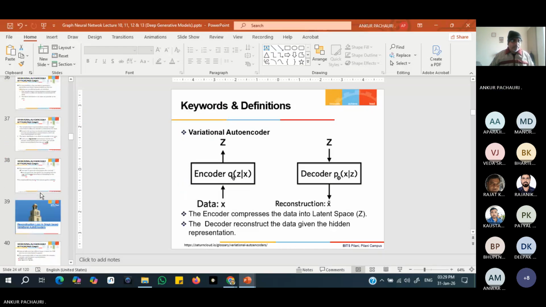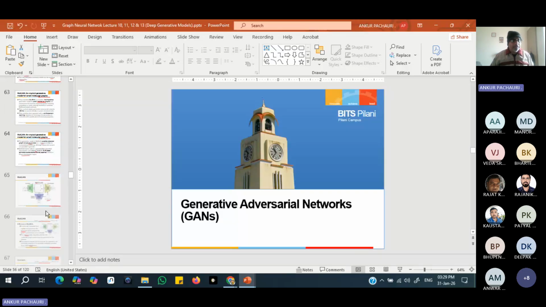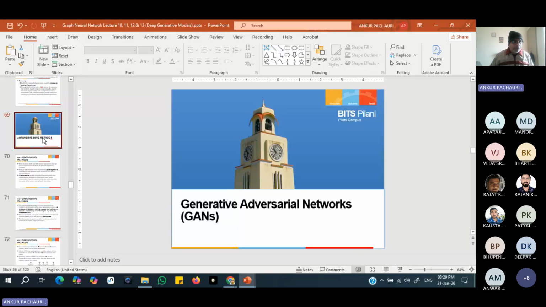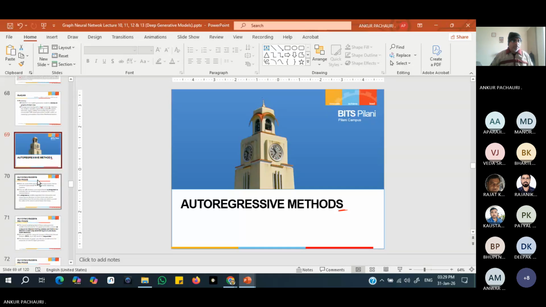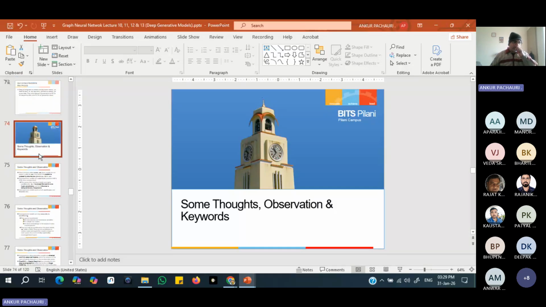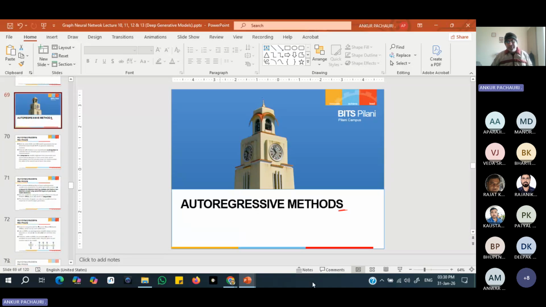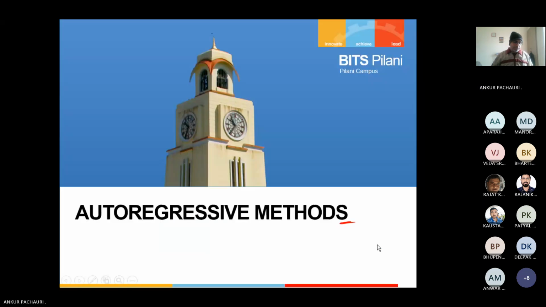No. I thought I was still on 28. Autoregressive is 69. I'll have to cover 120. Okay, I won't be able to finish this in this session. Do we require one more?